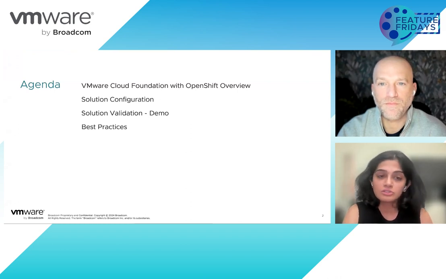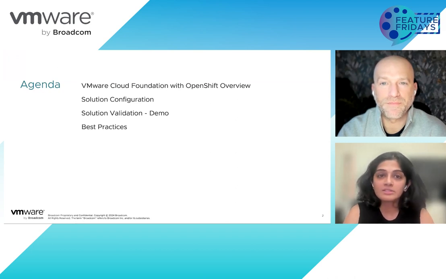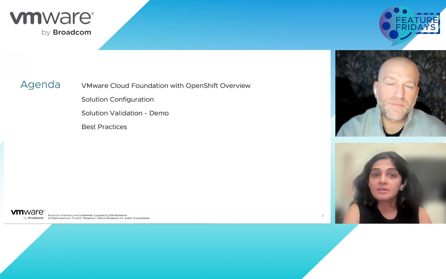So it reduces a lot of operational cost and also infrastructure cost for running those clusters. And with VCF, the lifecycle management of the supporting components to run OpenShift also becomes very easy. So those are the main two whys we would like our CSPs to consider that it actually is a very viable solution.